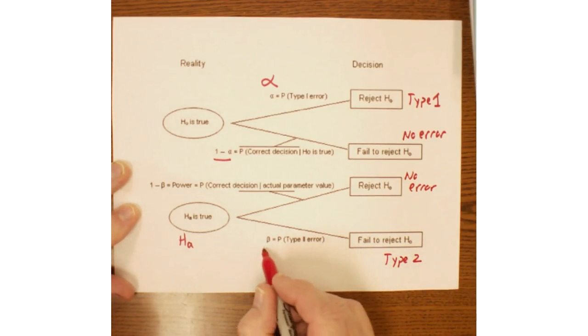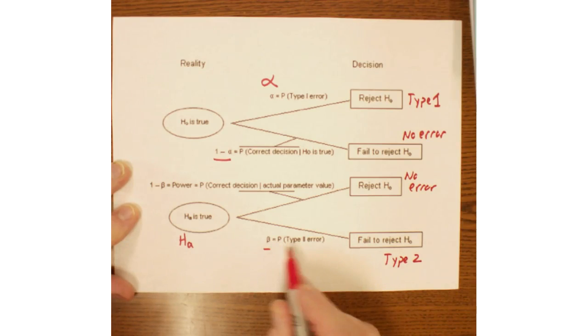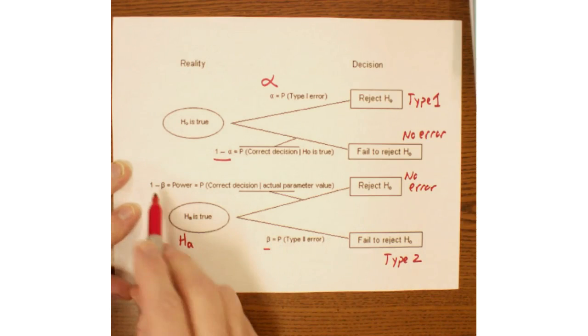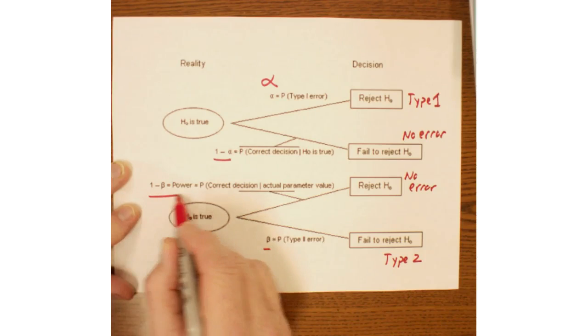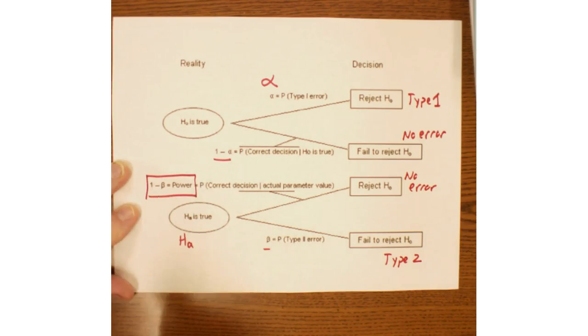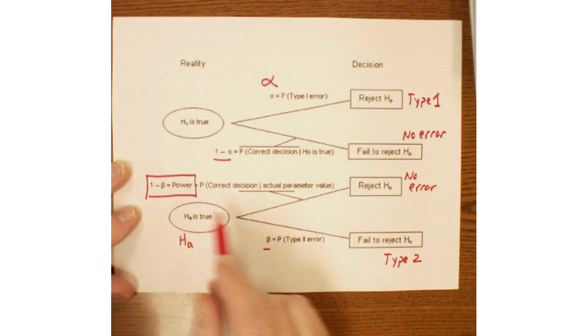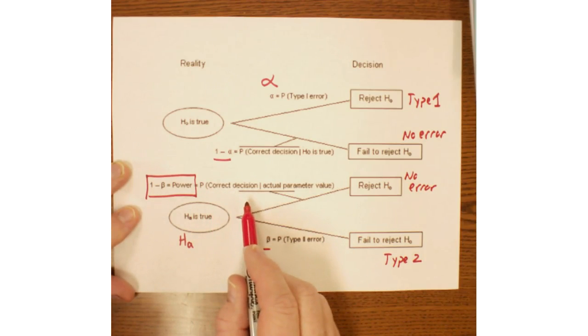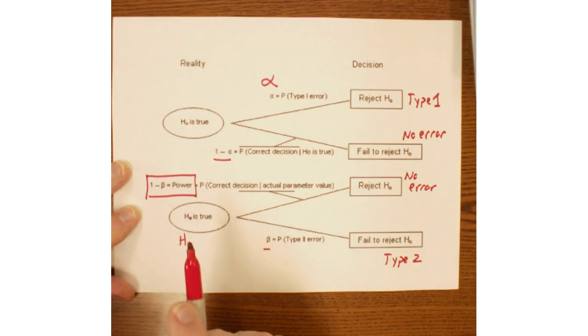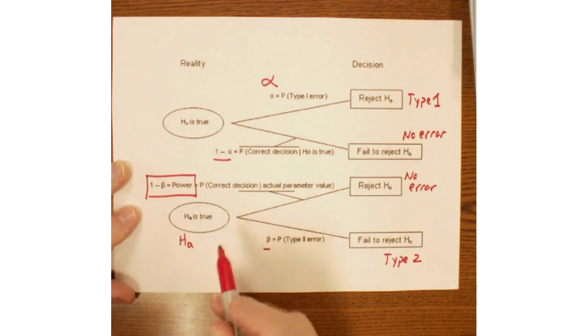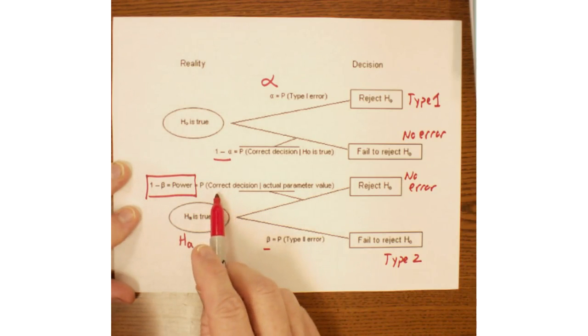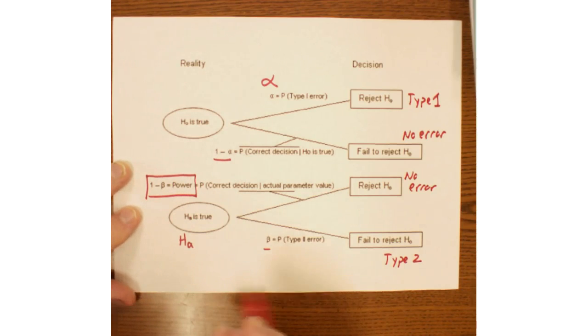And beta, the Greek letter beta, is the probability of committing that type 2 error. 1 minus beta is the power of our test. In other words, what's the probability that you make a correct decision when HA is actually true? Or when you correctly reject when the null hypothesis is false.